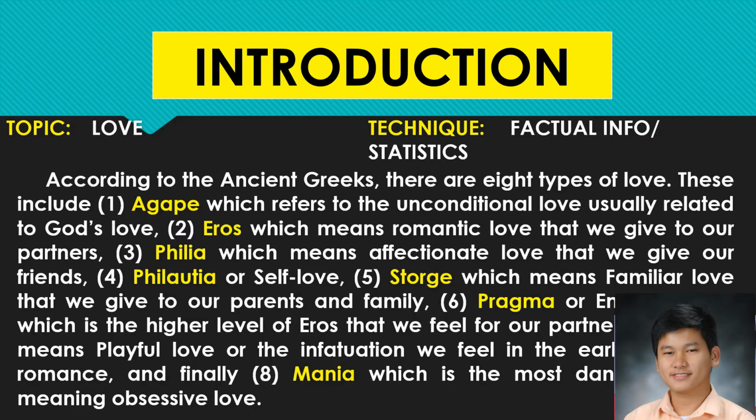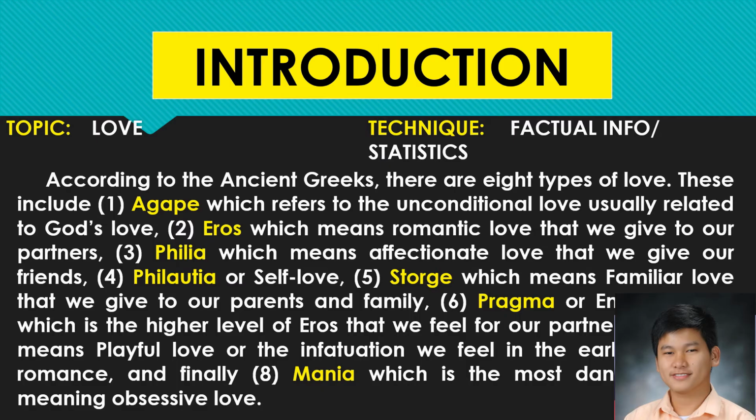So look at this example. It's an introduction about love, following or using the factual information technique. Sabi dito, according to the ancient Greeks, there are 8 types of love. These include agape, which refers to the unconditional love that usually is related to God's love.